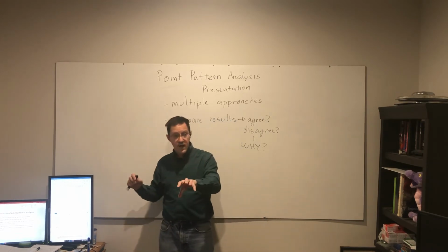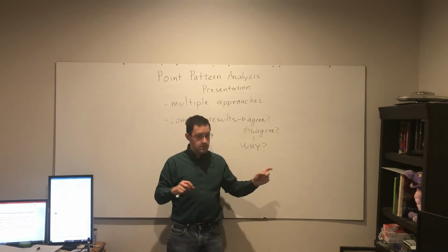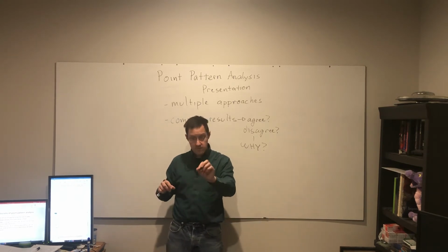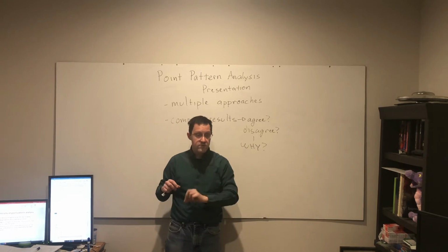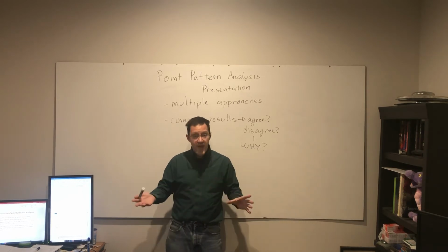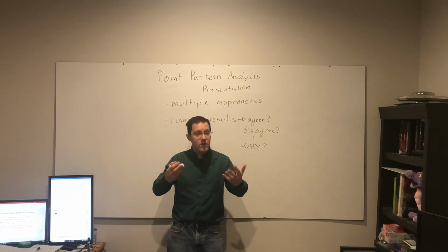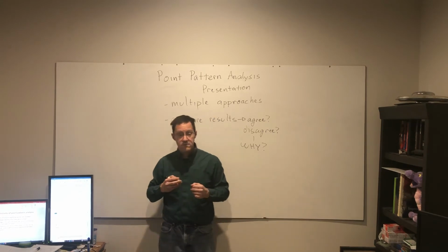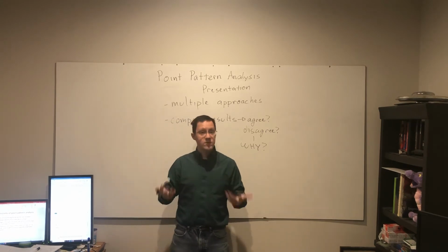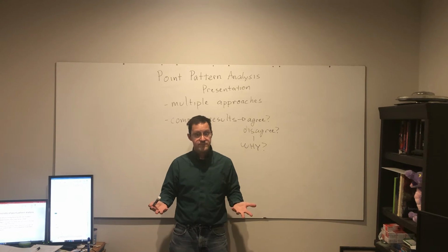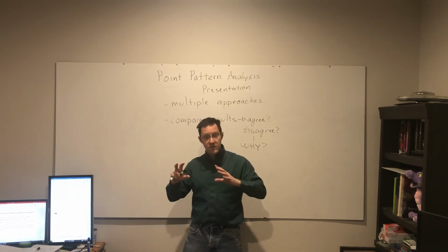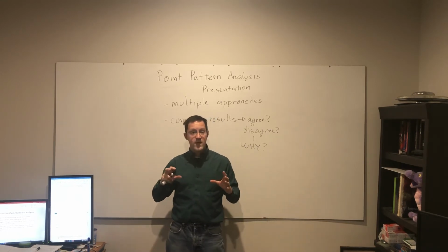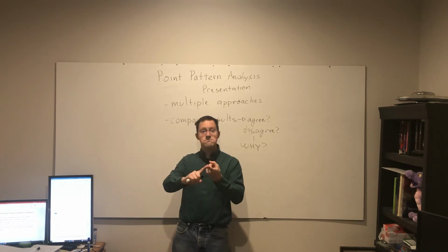As I draw on the board, if I have evenly spaced clusters, Ripley's K might recognize that. Quadrats might recognize something like that. Nearest neighbor will just say they are clustered.